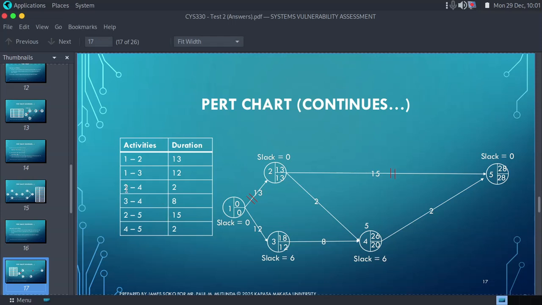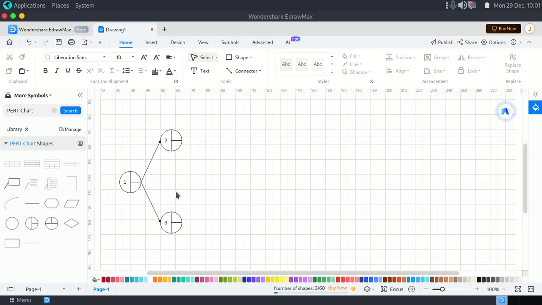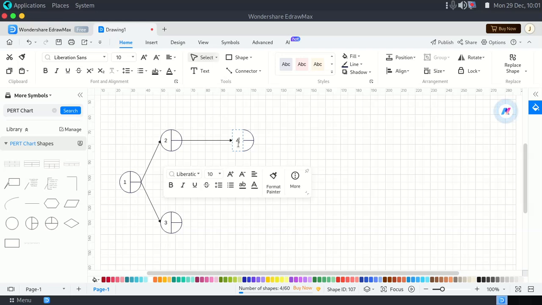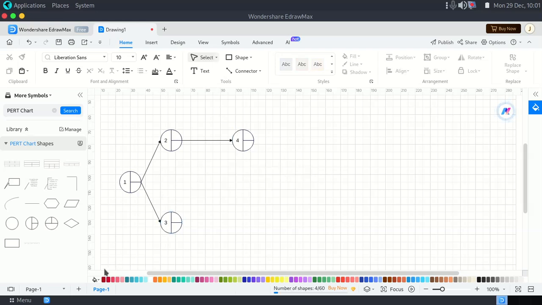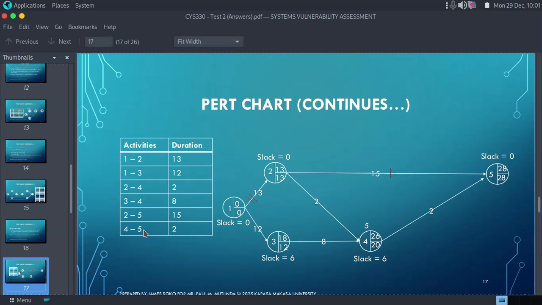The next statement is that 4 is coming from node 2. So we go where our node 2 is, and that's where our 4 should come from. So node 4 is coming from node 2. Once that is done, we go to our next activity.